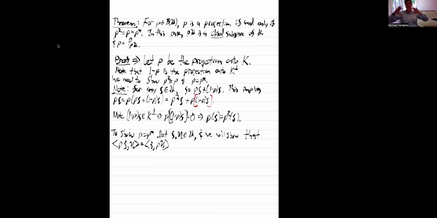So we're going to compute both inner products and show that we in fact get the same thing. All right, so how is that going to go?